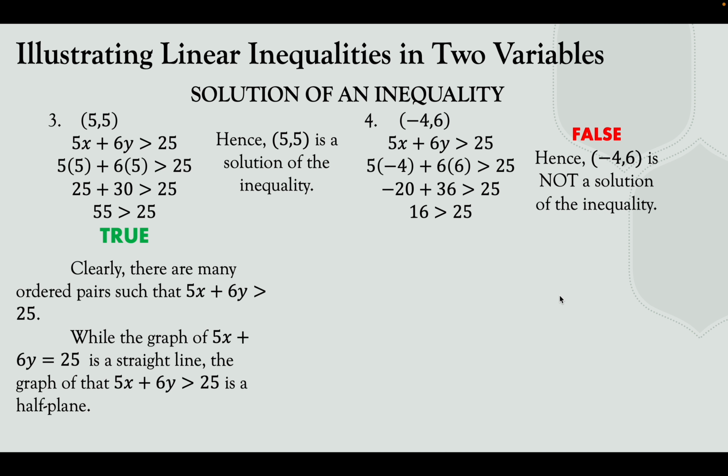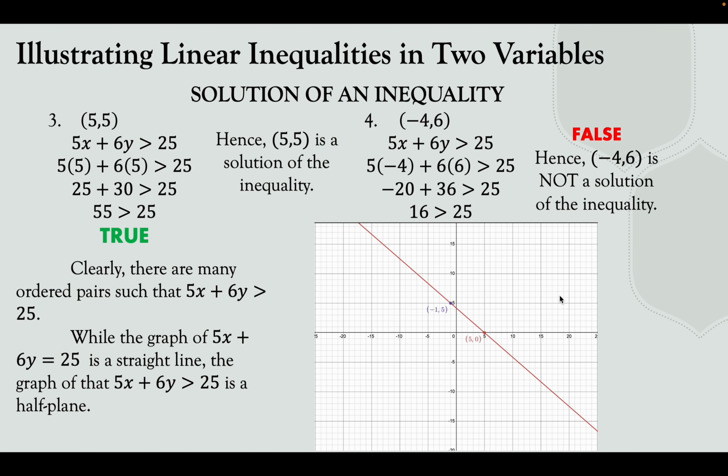Clearly, there are many ordered pairs such that 5x plus 6y is greater than 25. While in the graph, when we graph 5x plus 6y equals 25, it can create a straight line only. For example, given 2 points of your variables, we have negative 1 and 5, and 5 and 0.